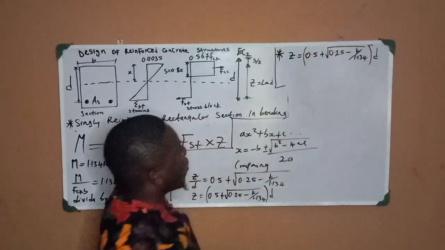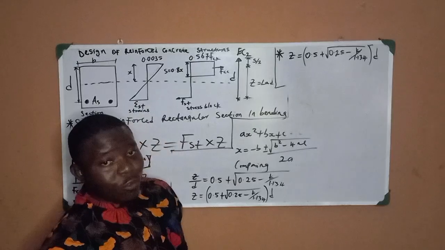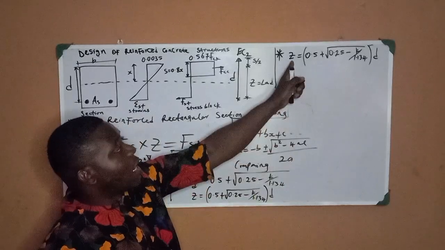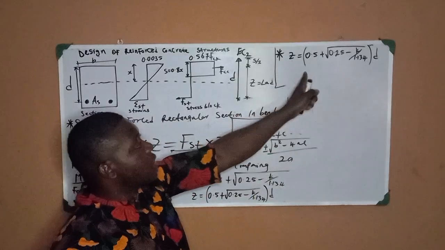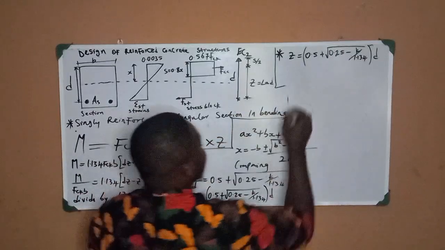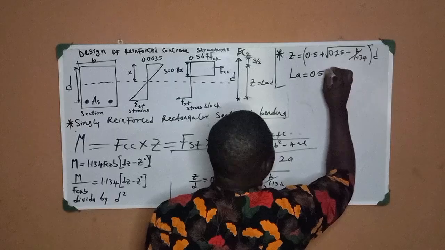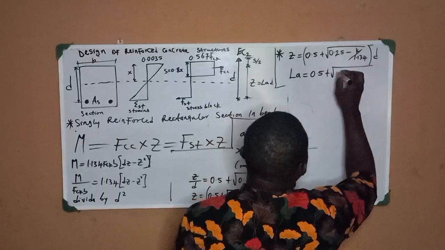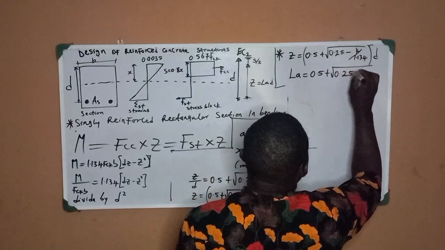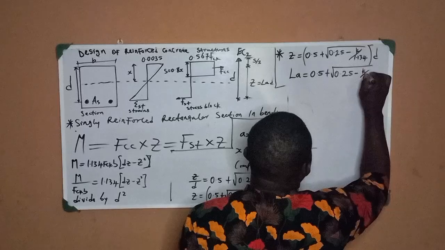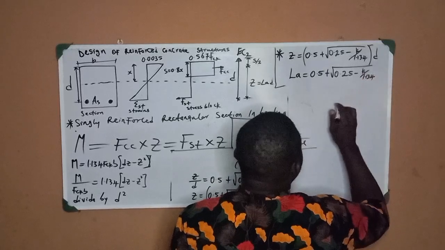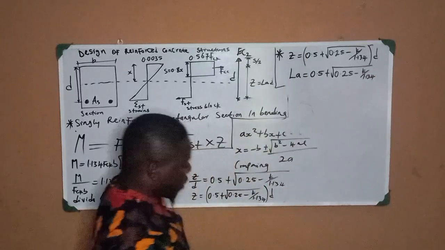So with this, we are able to establish this constant. The value of z is this, telling me that la is equal to 0.5 plus root 0.25 minus k over 1.134. That is okay.